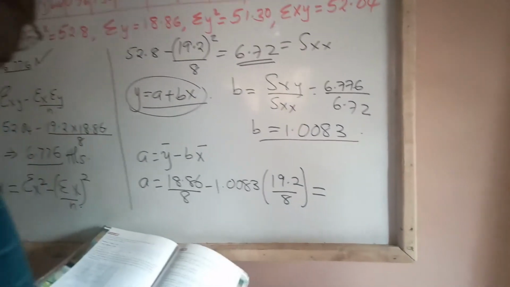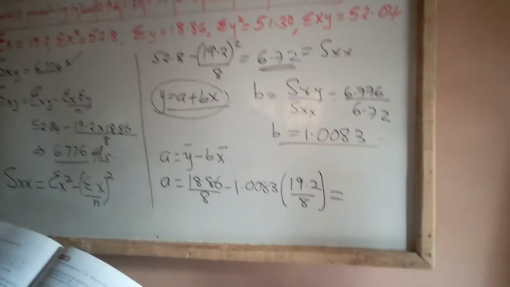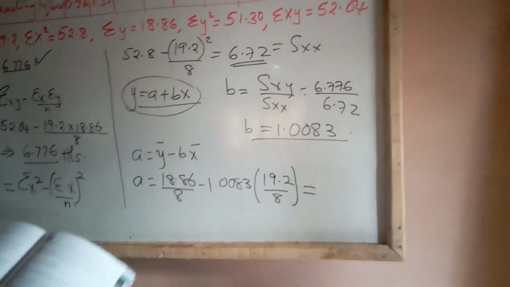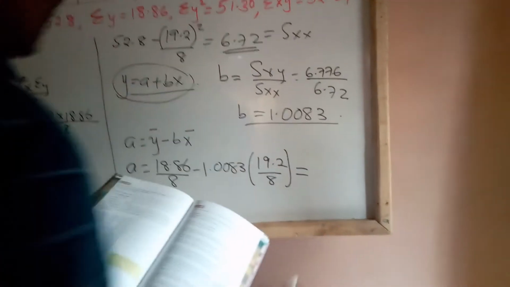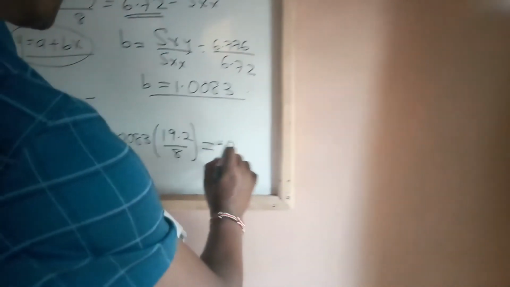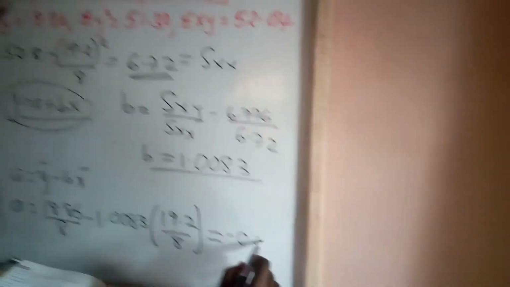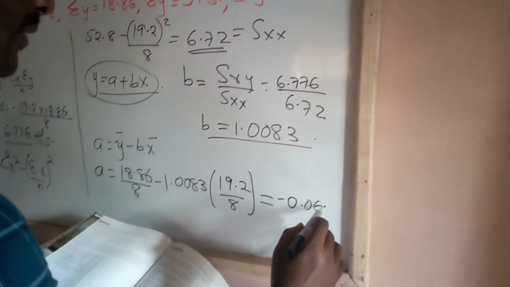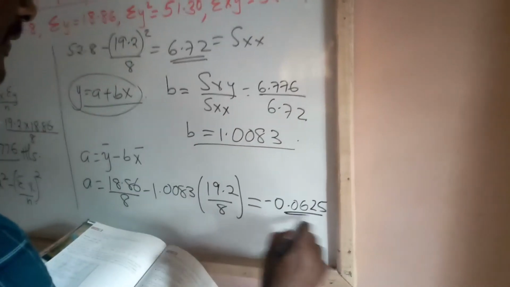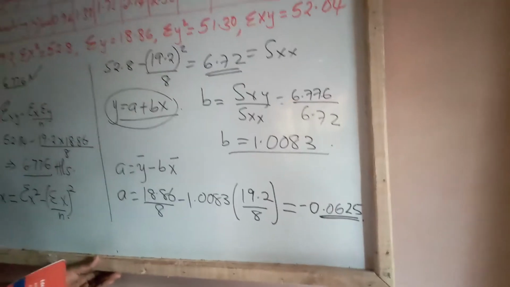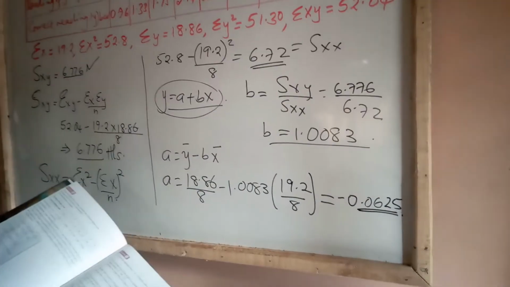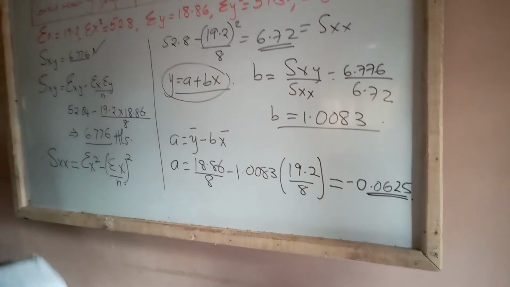If you do that, you will realize that a is negative 0.0625. That is our value of a.